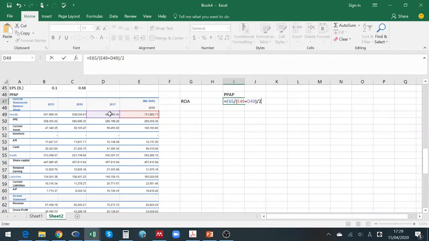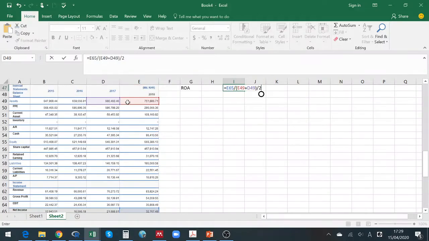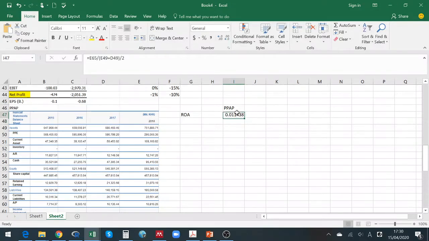When you take the average, the concept is that this net income, does it come from assets for this year or assets for last year? Sometimes you buy some assets during the year, so you don't know. Is this net income 50% from the assets bought this year, or does it come from all the assets from last year? It's hard to tell, so that's why you need to take the average. Then you take this number, and I make it a percentage.